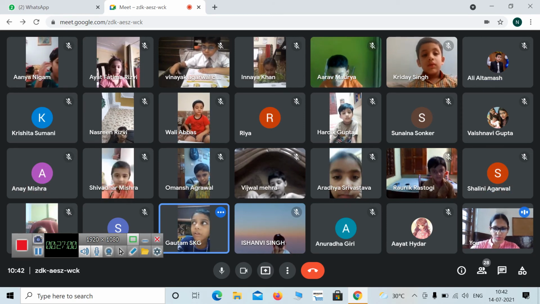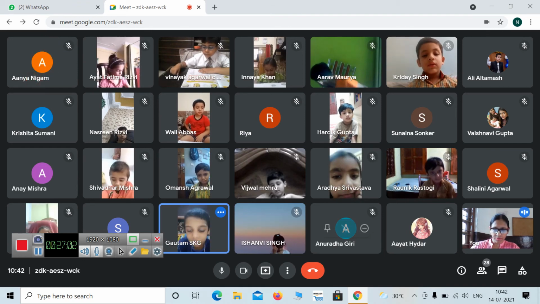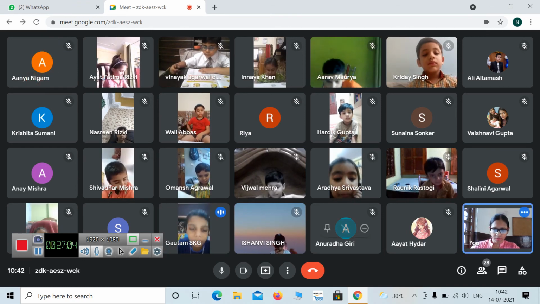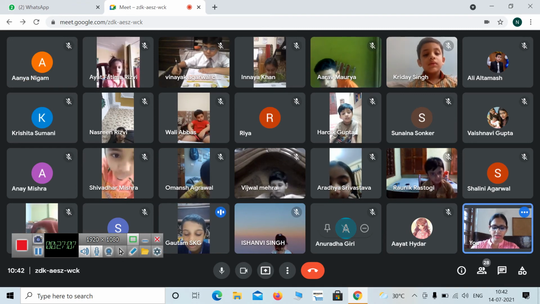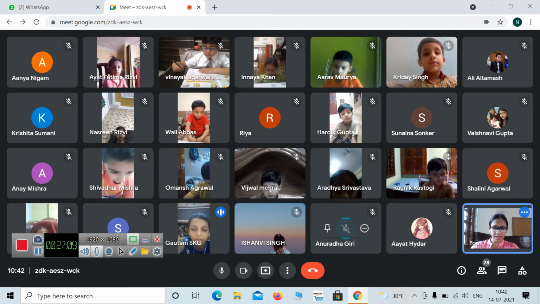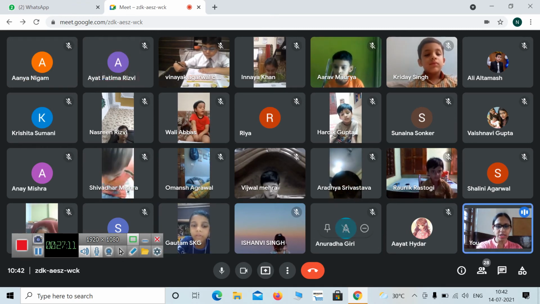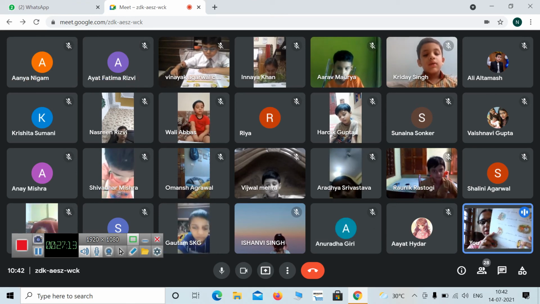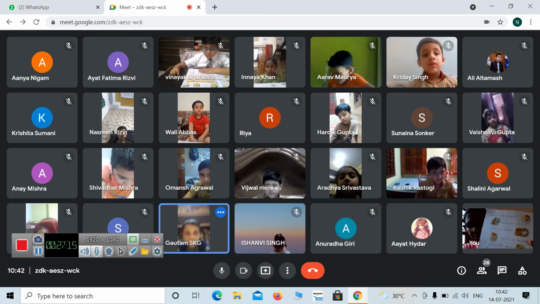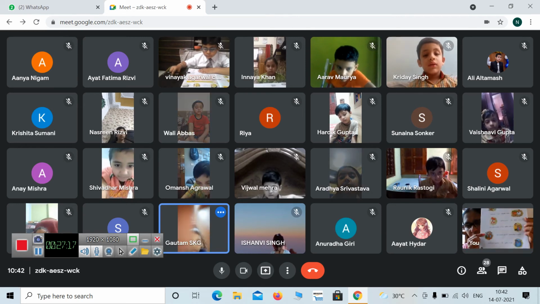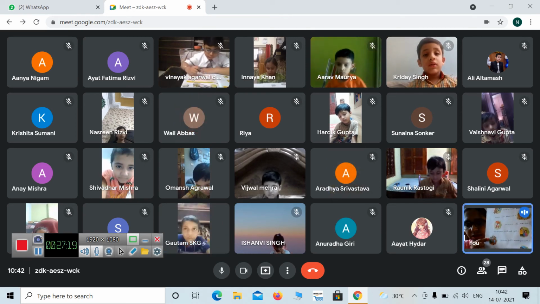Page number 21, number 7. These are policemen. Shubh, are you asking about this? Can you see the picture?